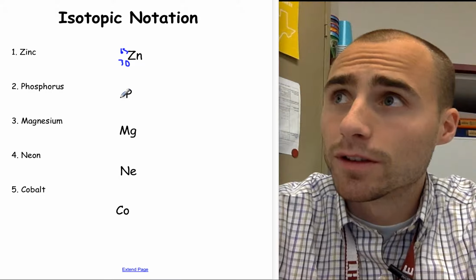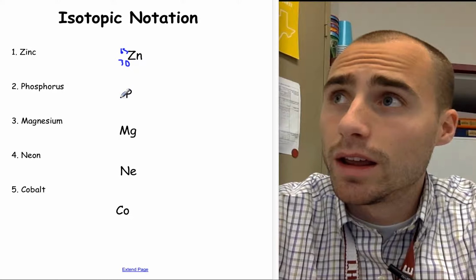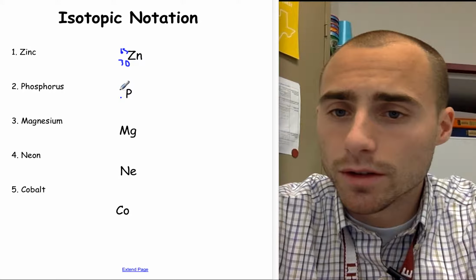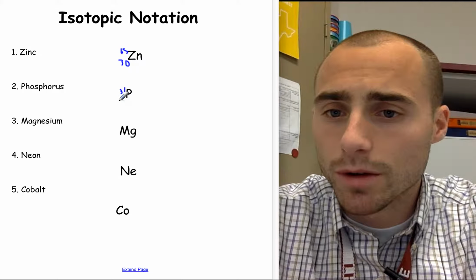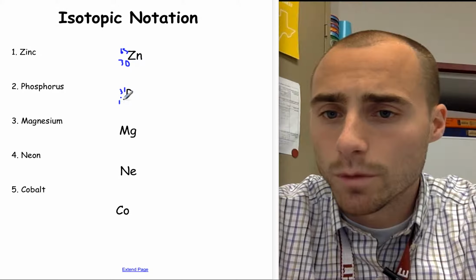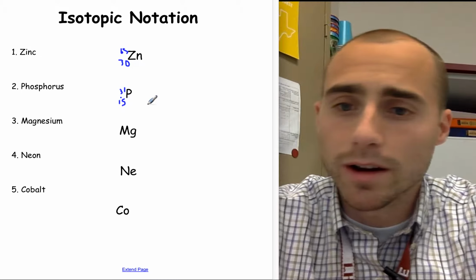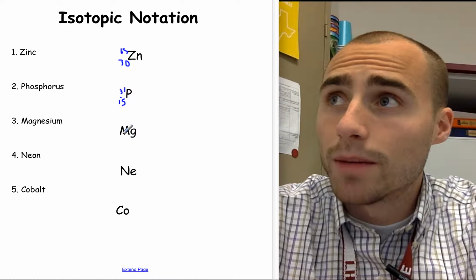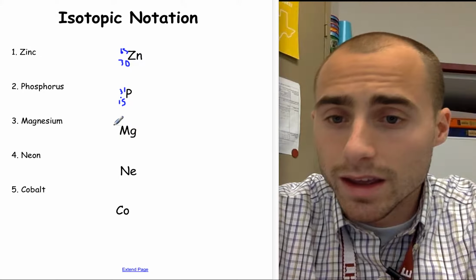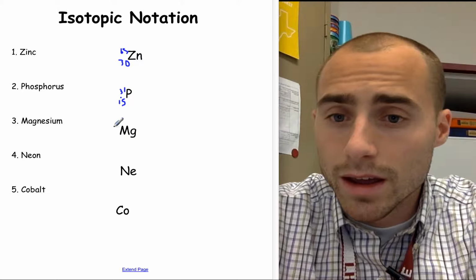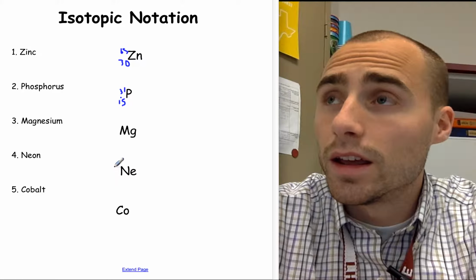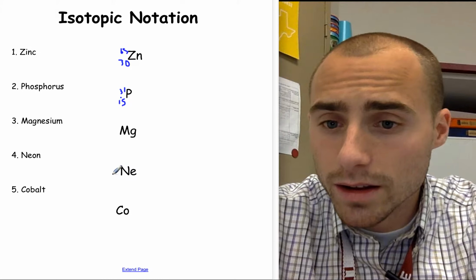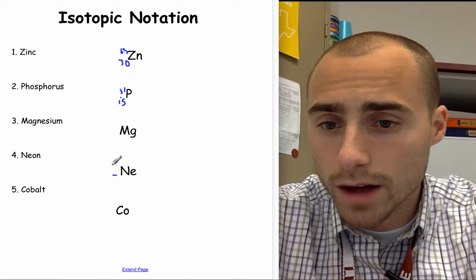Okay, for phosphorus, the mass number is 31, so 31 goes on top. The atomic number is 15, so 15 would go on bottom right there. So that would be our isotopic notation for phosphorus. Magnesium, I can't even see magnesium from here. We'll do magnesium in a minute. Neon, the mass number is 20, so that goes on top.